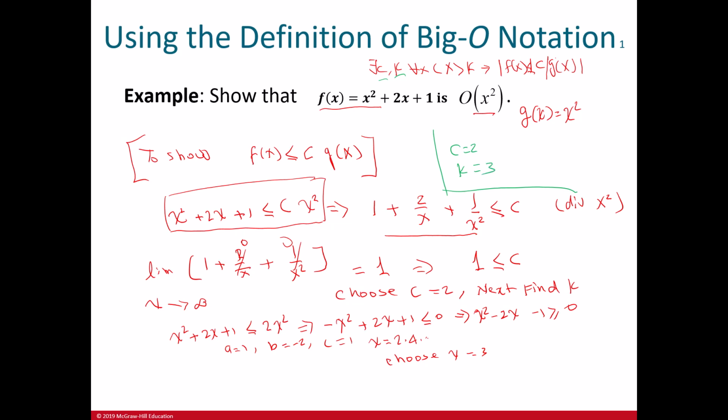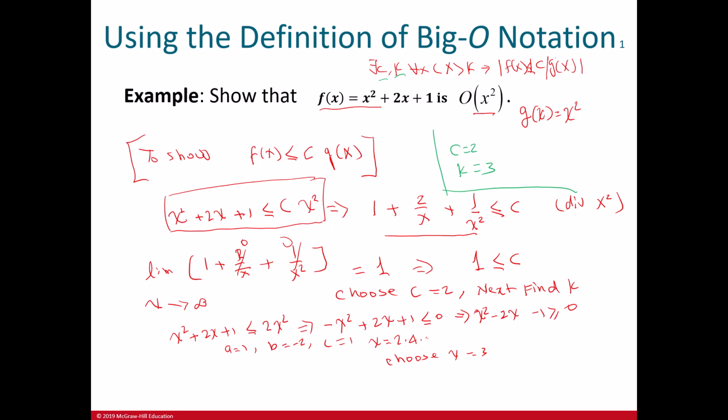And if you graph it, you can check that this is really the case. If you plug in values starting from 3 on, you will see this inequality really holds.